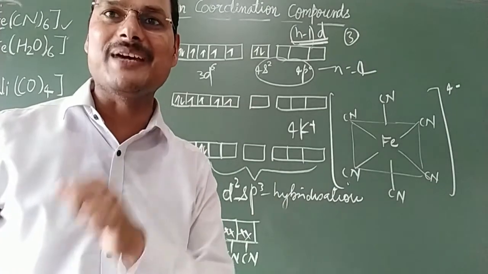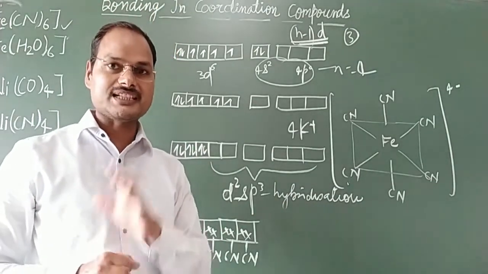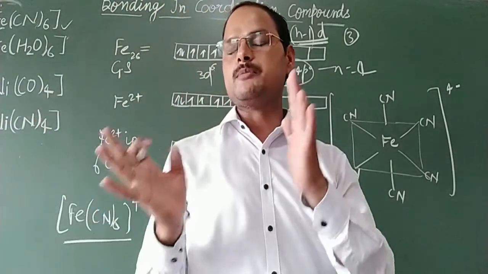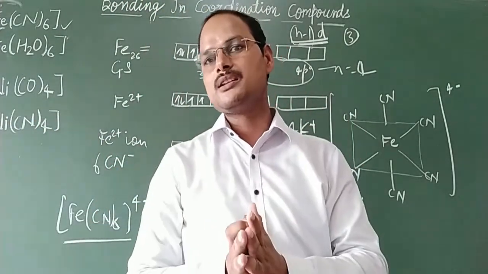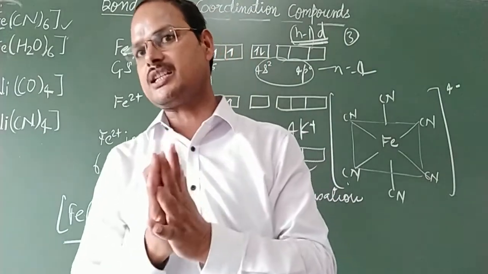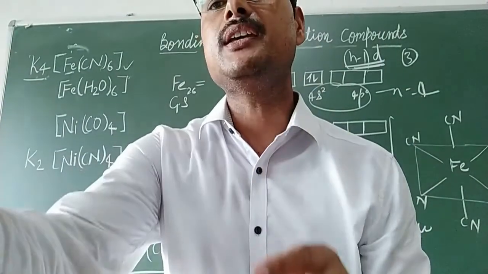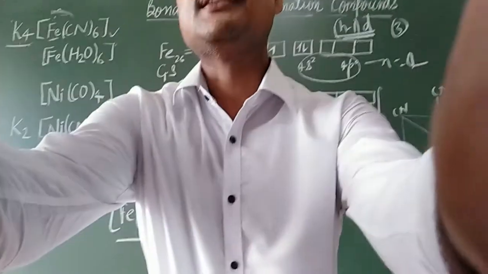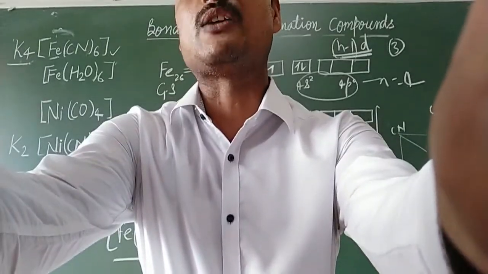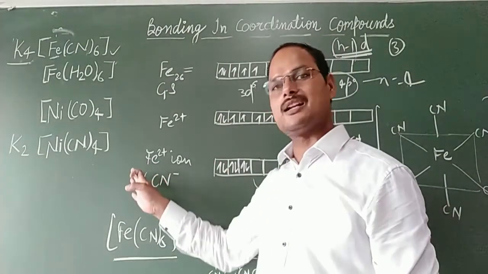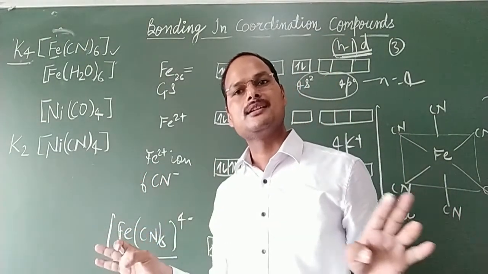It means it is diamagnetic also. Diamagnetic in nature. Diamagnetic means if any ion, molecule, compound or atom in its electronic configuration has all orbitals paired, then that type of ion or molecule will be diamagnetic. It means this compound is diamagnetic in nature. Why? Because all electrons in this compound for the central metal are paired.